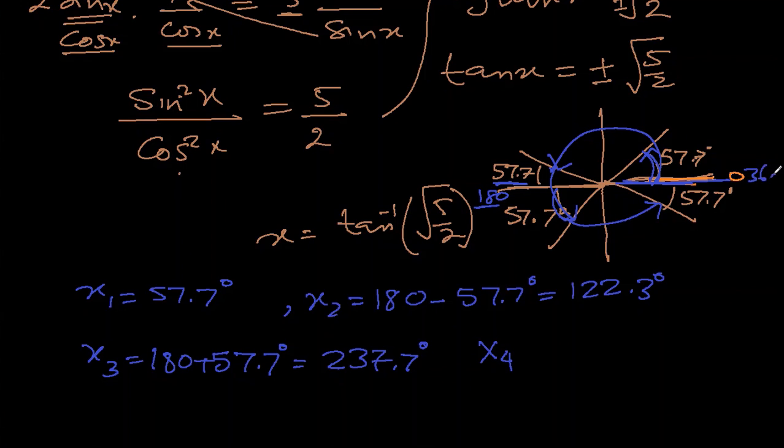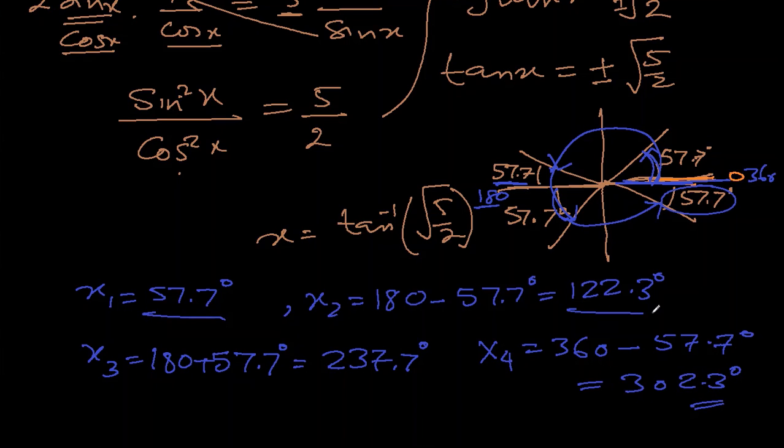It will be 360 minus 57.7 because it is not reaching 360, it is before that. So 360 minus 57.7 degrees, 302.3 degrees. These are the four solutions. 1, 2, 3 and 4.